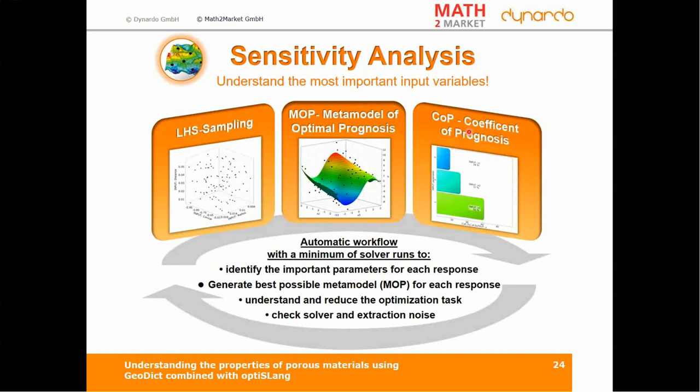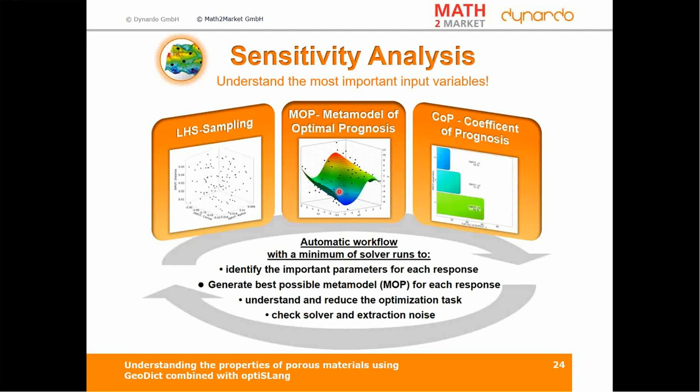And with this meta model, we can determine which parameters are important to describe the behavior of your output variable. So this is one purpose of this meta model. The other purpose is that you can directly understand and reduce the optimization task, so you can see the behavior of these responses within such a 3D plot or within other plots.